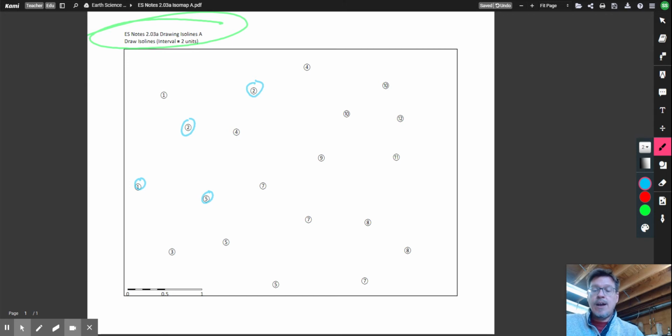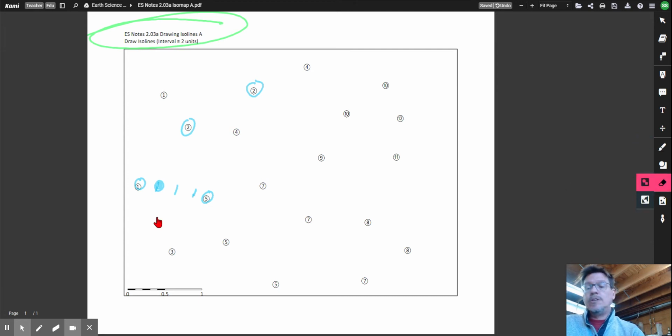And if I were to apply that idea of the number line, I would have a 2, a 3, and a 4 in between those. So I can guess that the 2 is probably about right here. So not only are there observed and measured 2's, there's also invisible inferred 2's. So we have to consider those as well. Our isoline is going to connect all of these 2's, whether they be measured and observed or inferred.